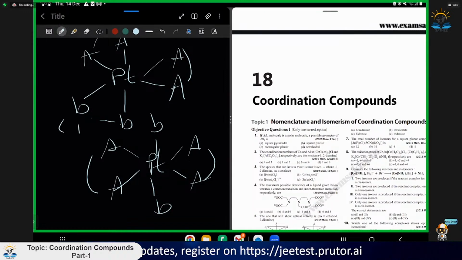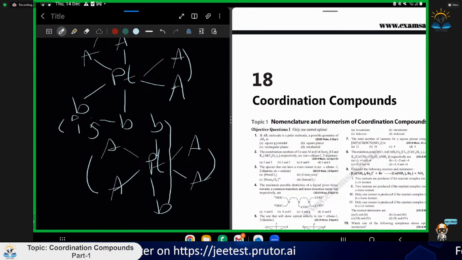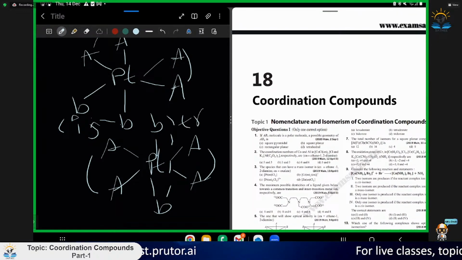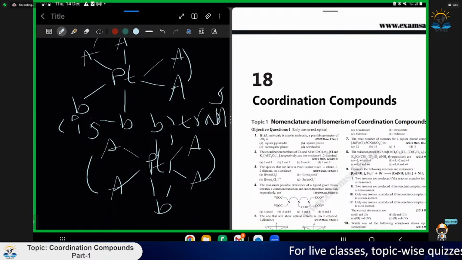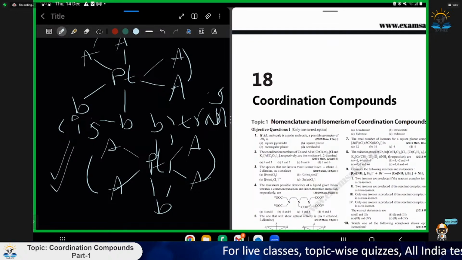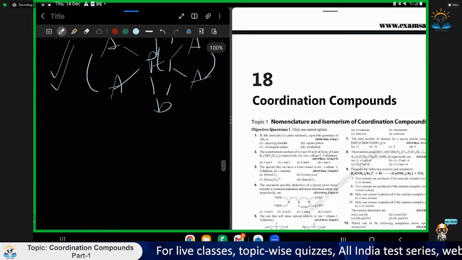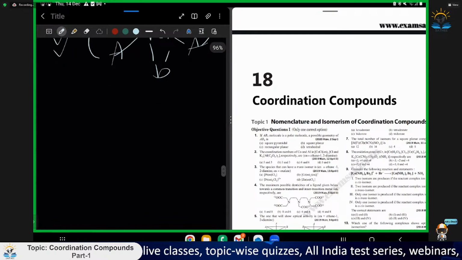BB here, BB trans here. So that's an optical isomer. No, a geometric isomer.